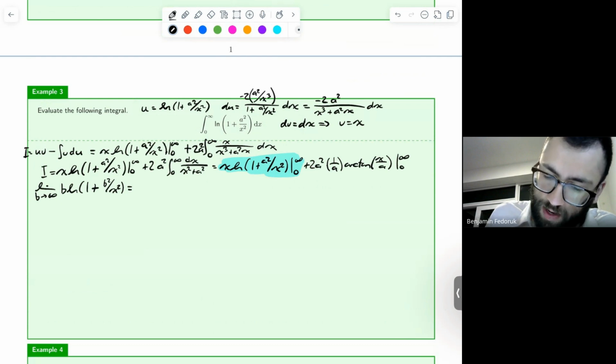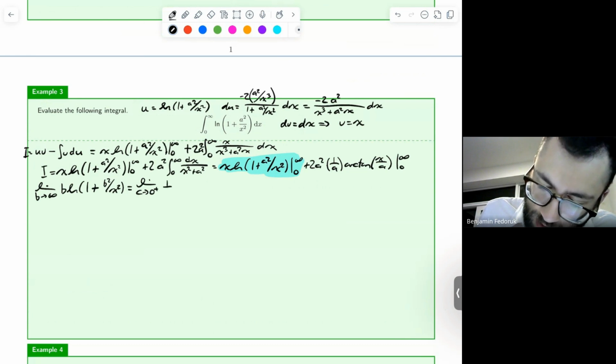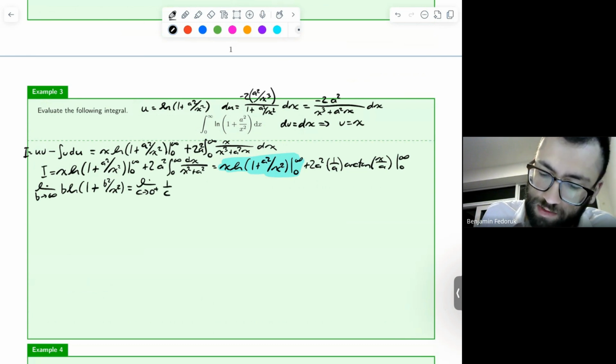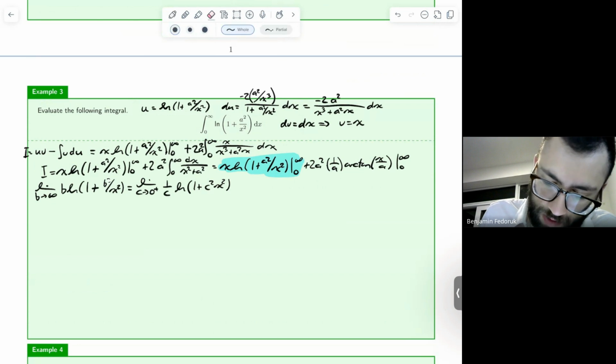I'm going to change this limit by doing a simple substitution. So I'm going to let b equal 1 over c. And so what we get then is the limit as c goes to 0 from the positive side of 1 over c times the ln of 1 plus c squared x squared. Pardon me, there's something wrong here.